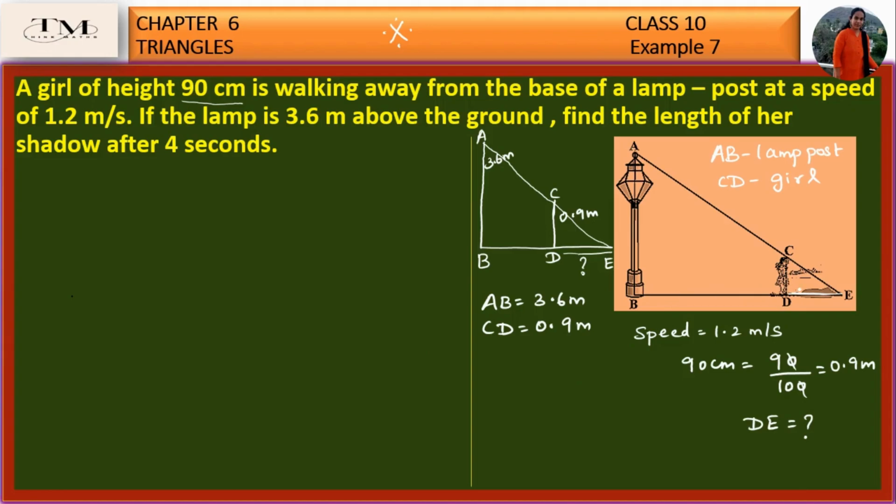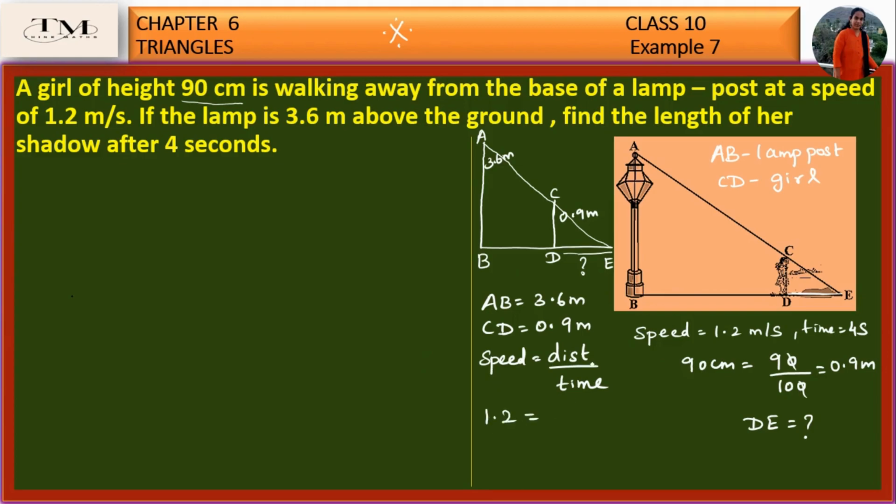Now we should know BD. BD is nothing but the distance traveled by this girl. We know speed is equal to distance by time. Time is equal to 4 seconds. So speed is 1.2.